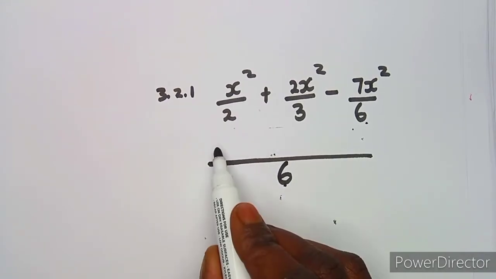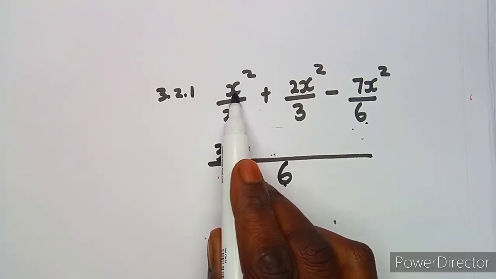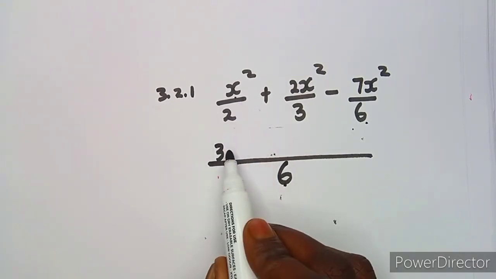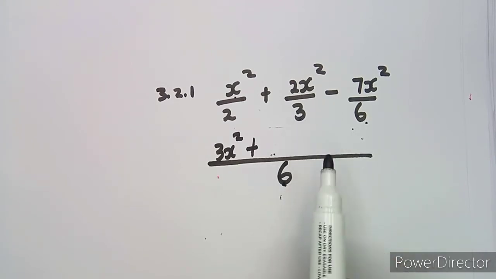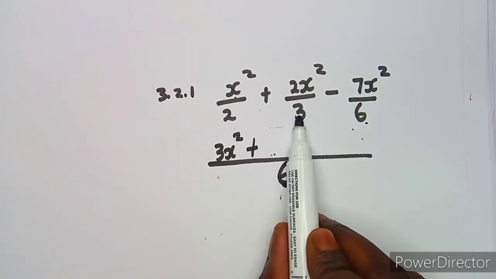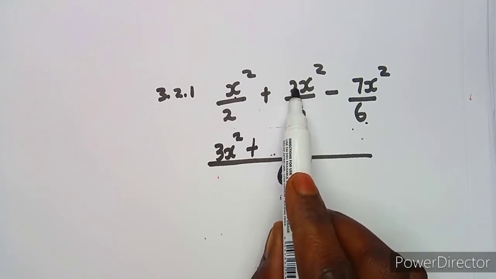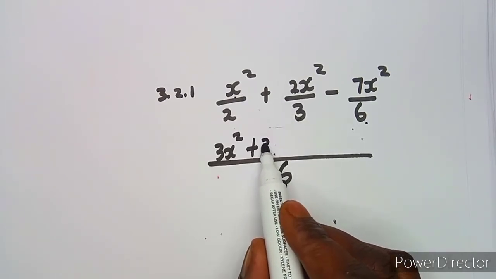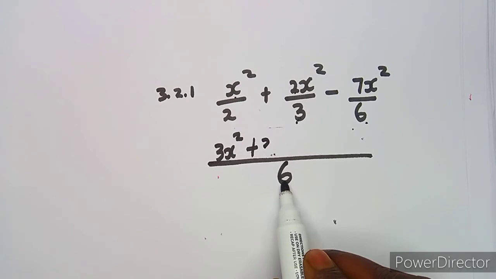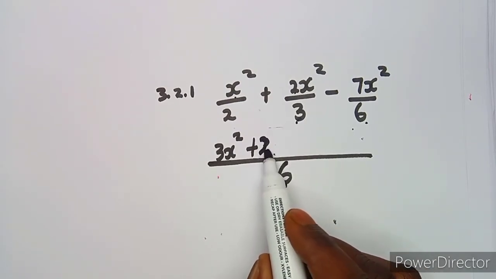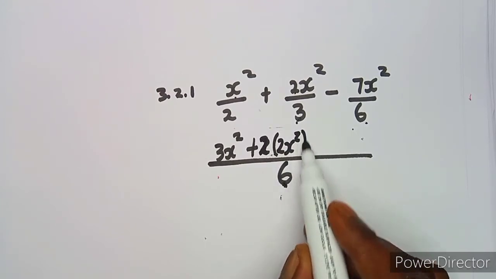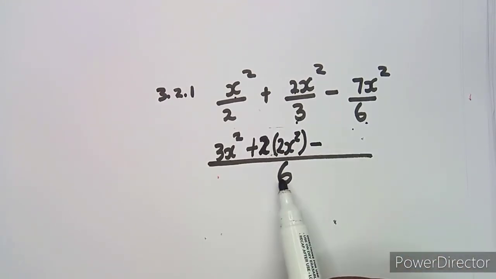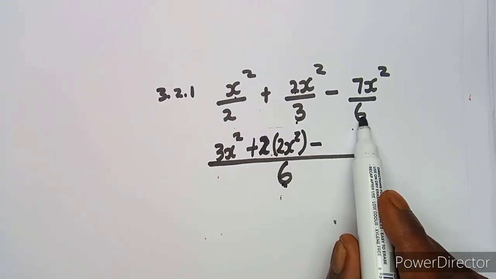That 3 multiplies the numerator here, so it's 3 times x squared, which is 3x squared, plus 6 divided by 3. Take note, guys, 6 divided by 3 is 2. That 2 multiplies the 2 on top, which is 2x squared, like this, minus 6 divided by 6, which is 1.